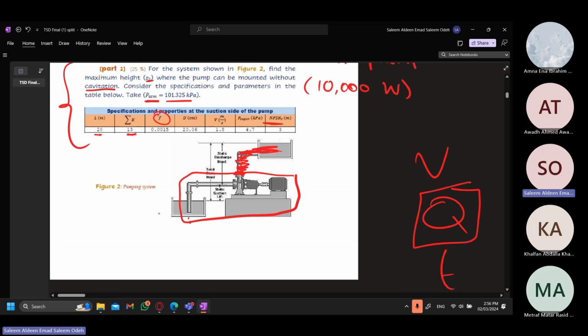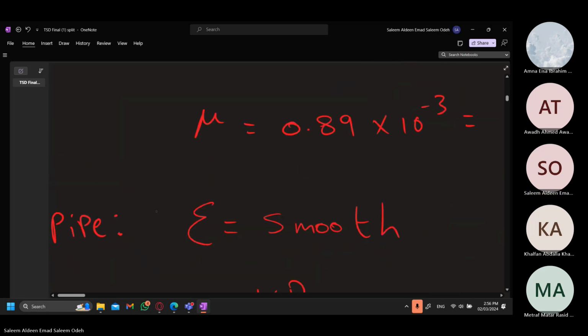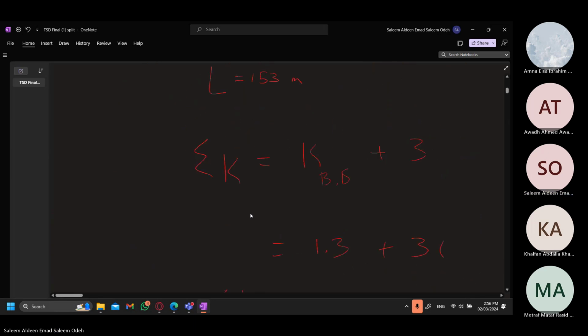Now, how do we find cavitation? Let's find some space to write on.